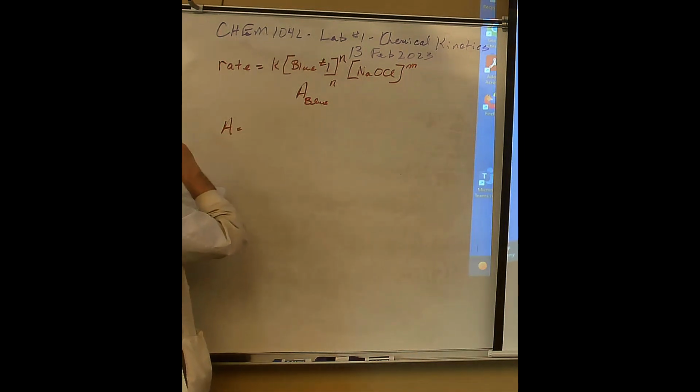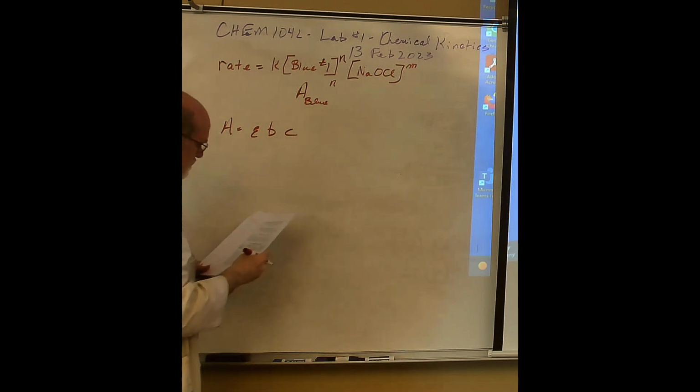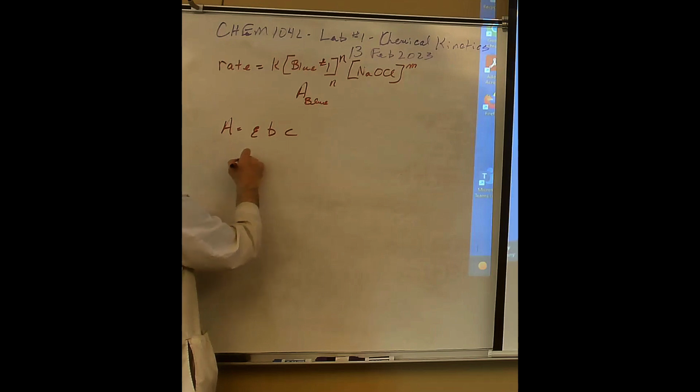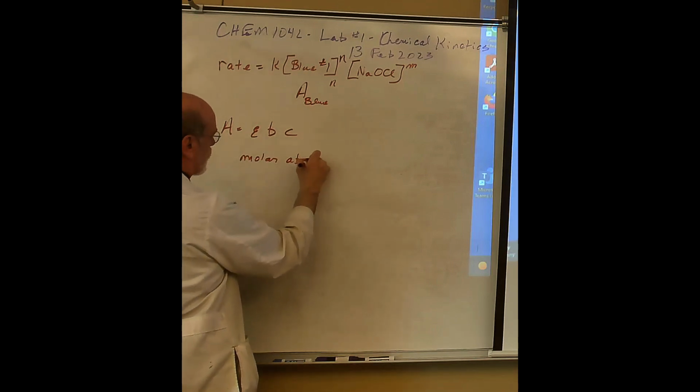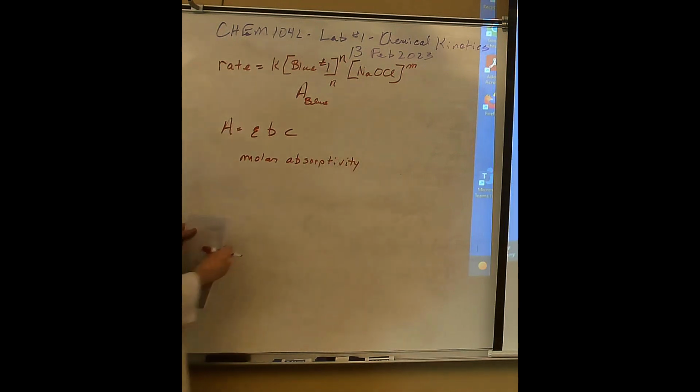Absorbance equals, I think your text puts it like this: a little epsilon, then a b and then a c. The epsilon is a term called molar absorptivity. Now this is the law, the Beer-Lambert law.